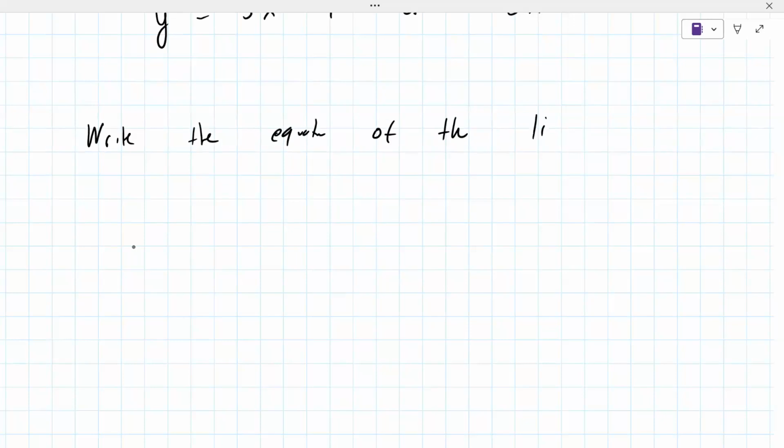All right. So here's your classic quiz or test problem that you might see. It would say something like this: the equation of the line with slope 1/2 through (-4, 2).